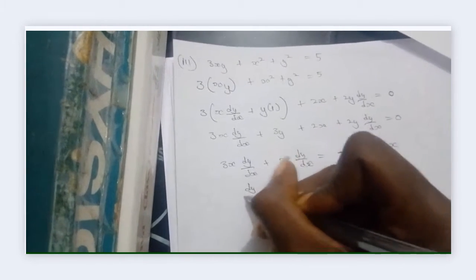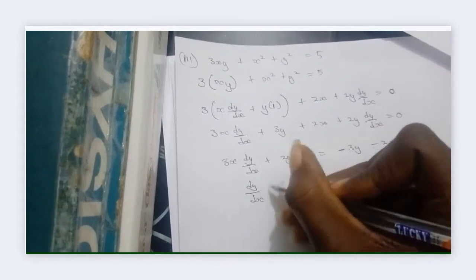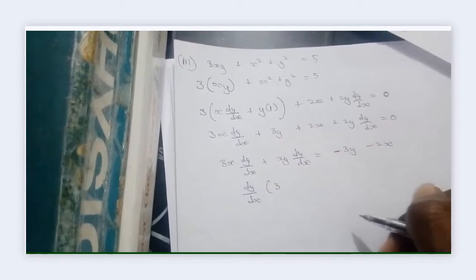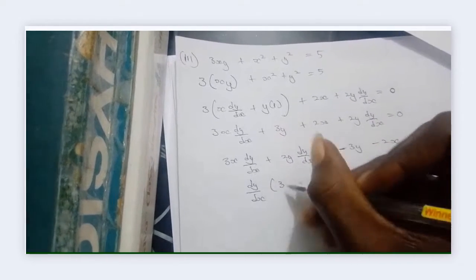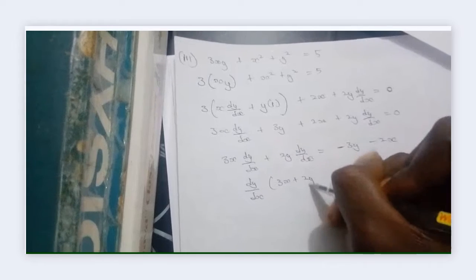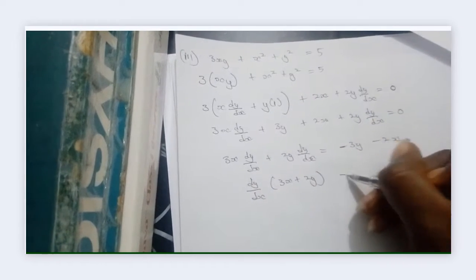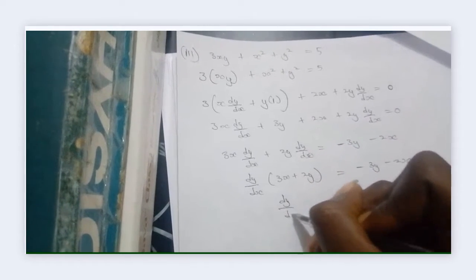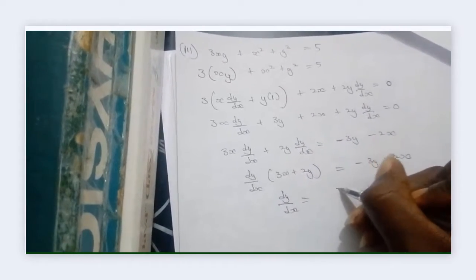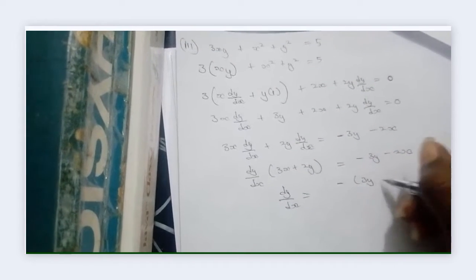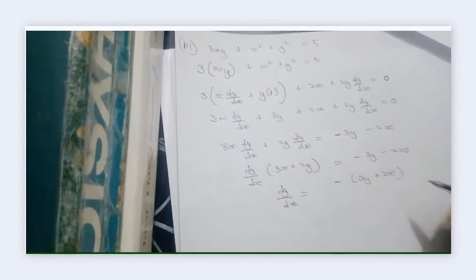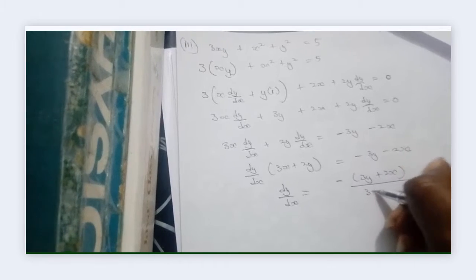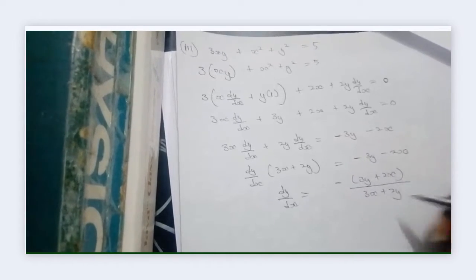Then my dy over dx, open bracket, like I'm factorizing. So it will be 3x plus 2y, close bracket, equals to minus 3y minus 2x. So my dy over dx is now minus 3y plus 2x over 3x plus 2y.